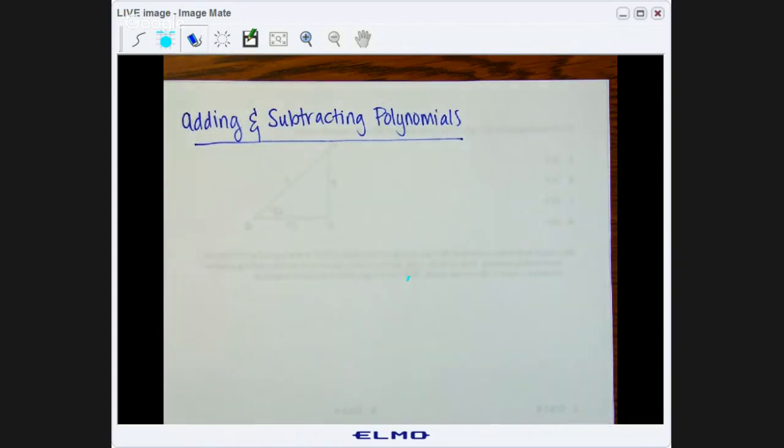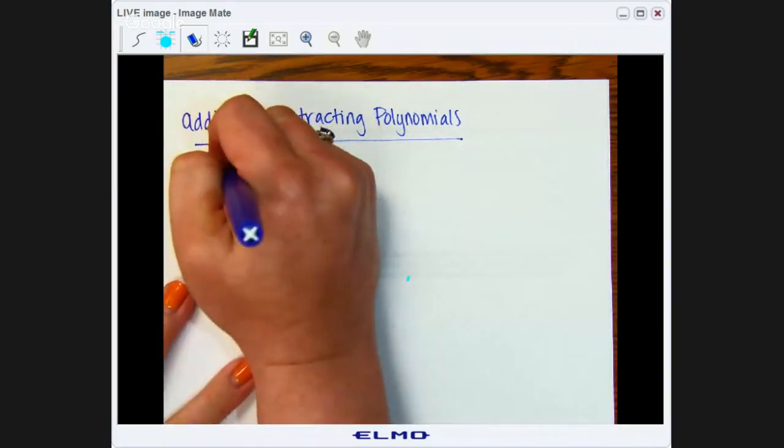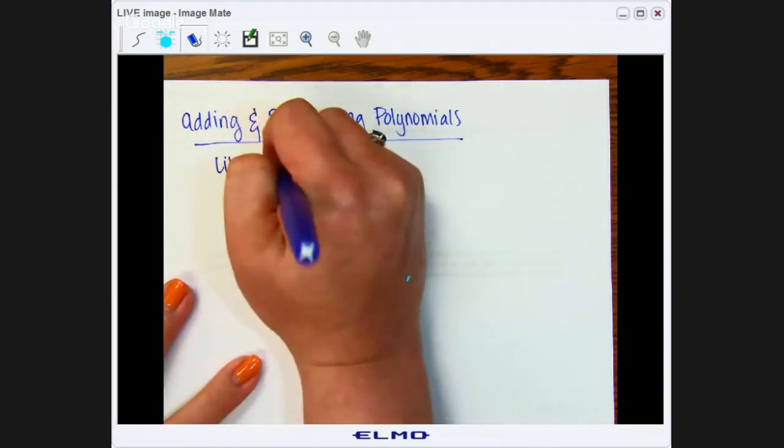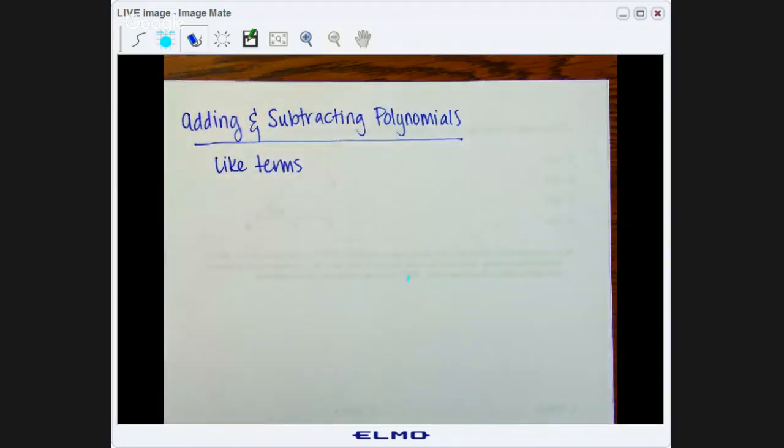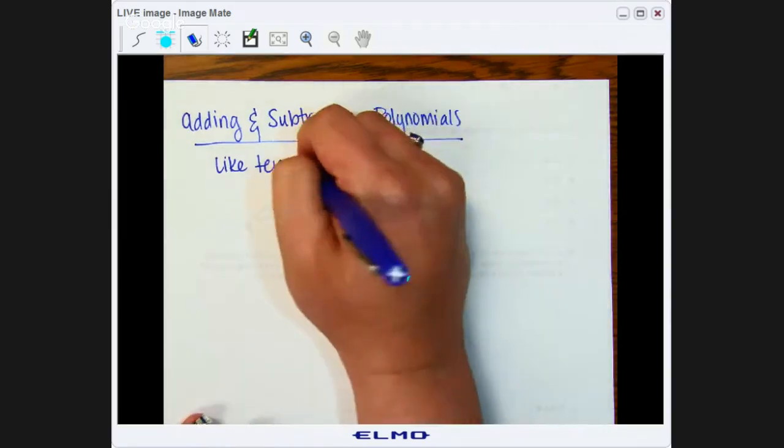As we start taking a look at adding and subtracting polynomials, it is important to remember what like terms are. In order for terms to be like, they have to have two things in common.